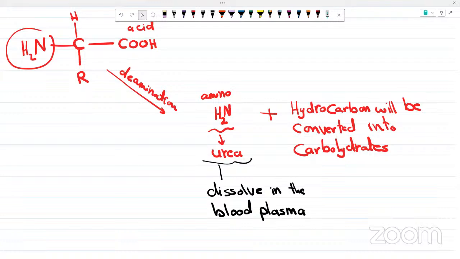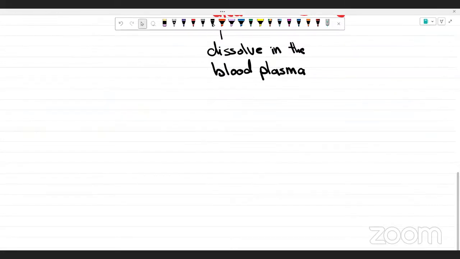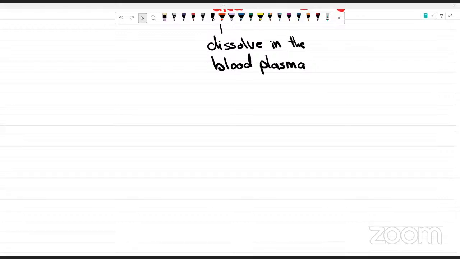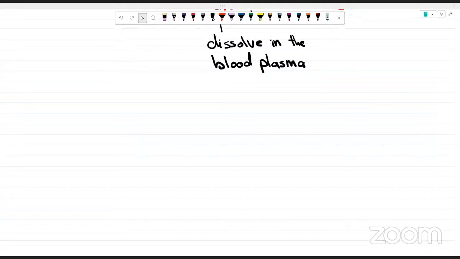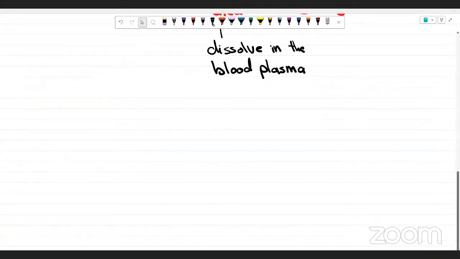We have the urinary system, which is made up of two kidneys, right and left. And these two kidneys are connected to a tubular structure called the ureter.